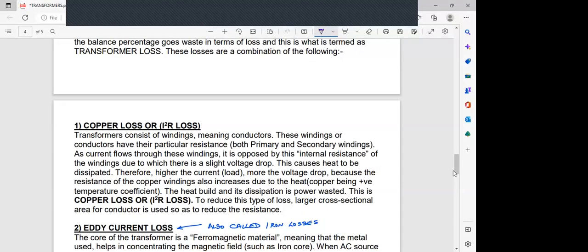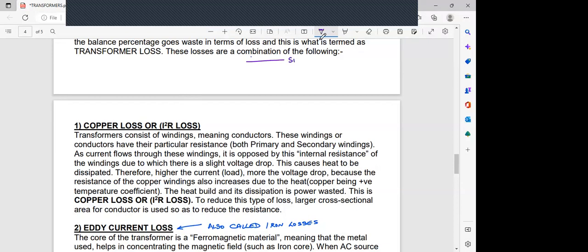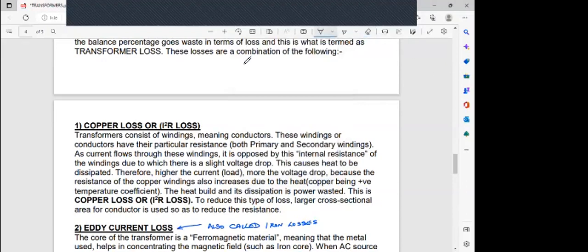What are copper losses? Remember, your primary, your secondary, they are made of copper. Any conductor has its own resistance. A conductor like silver. Suppose this is silver. Let's take a particular color for that silver. So this looks more like silver, right?